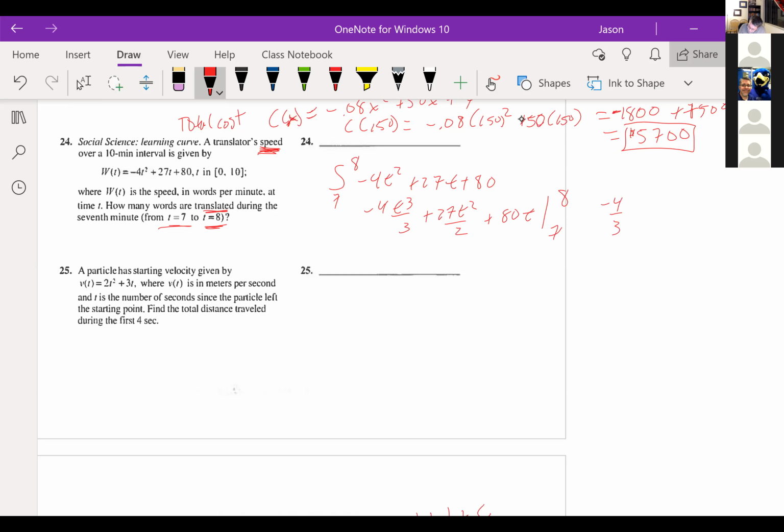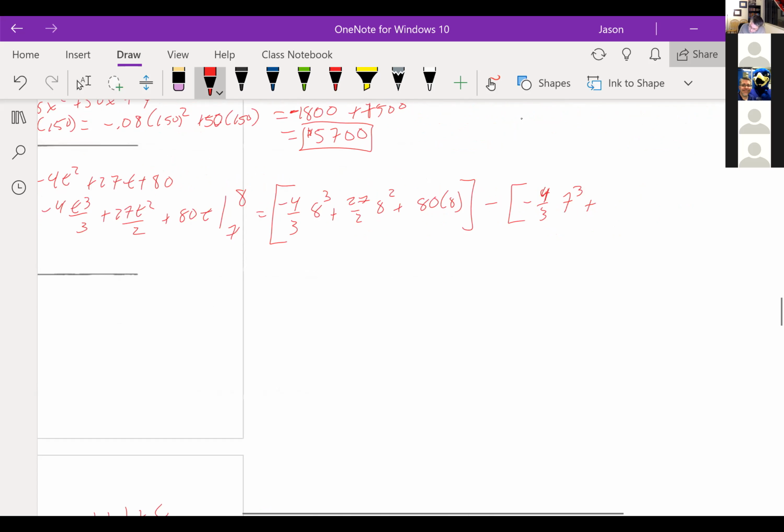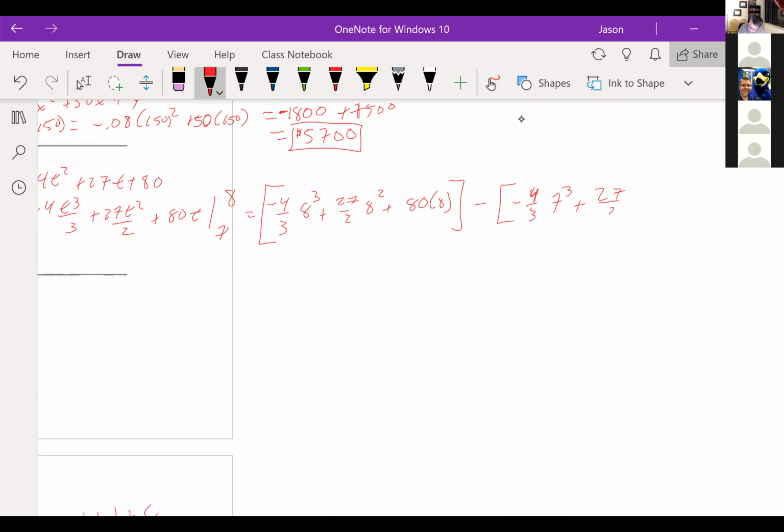So negative 4/3 times 8 cubed plus 27 halves times 8 squared plus 80 times 8, minus negative 4/3 times 7 cubed plus 27 over 2 times 7 squared plus 80 times 7.